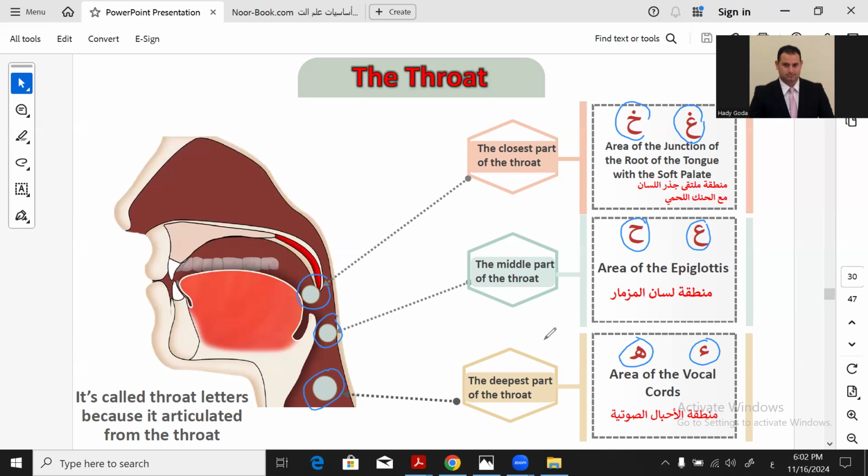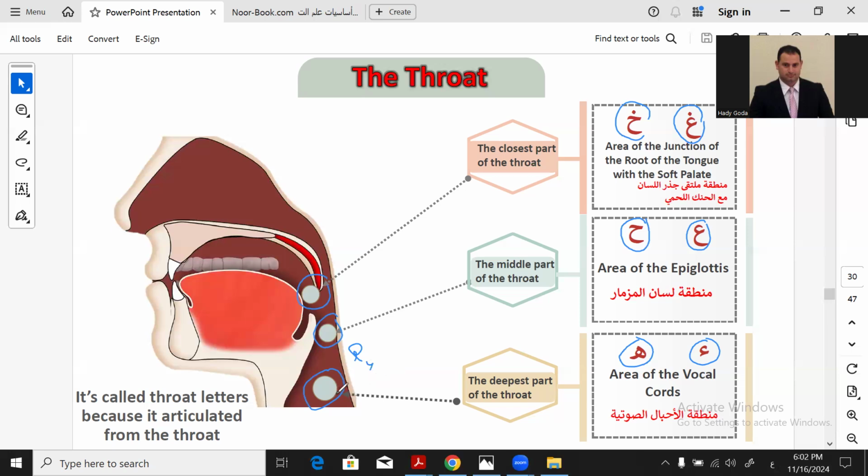As we said, it's the area of the vocal cords. It includes letter Ha and letter Hamza.